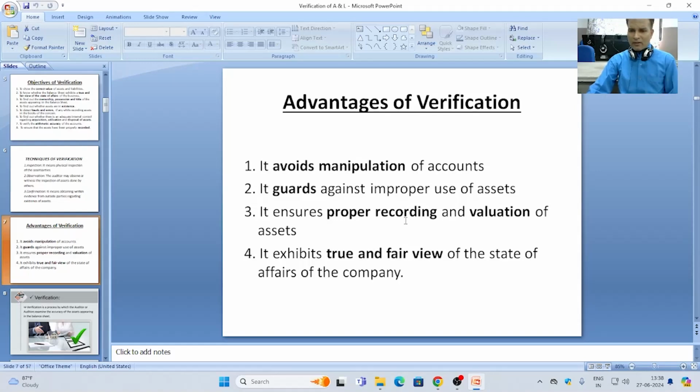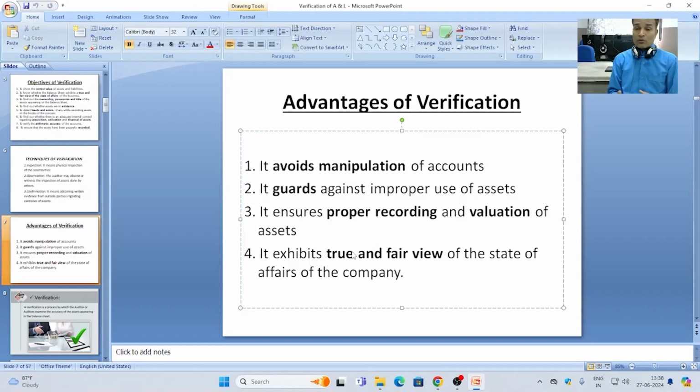Third, proper recording and valuation of assets: at the time of recording transactions regarding the assets and liabilities, proper care should be taken that no type of mistake occurs, and the exact valuation of the assets is provided in the entries. The last, which is also an important objective of auditing, is to find out the true and fair view of the state of affairs of the business or company.